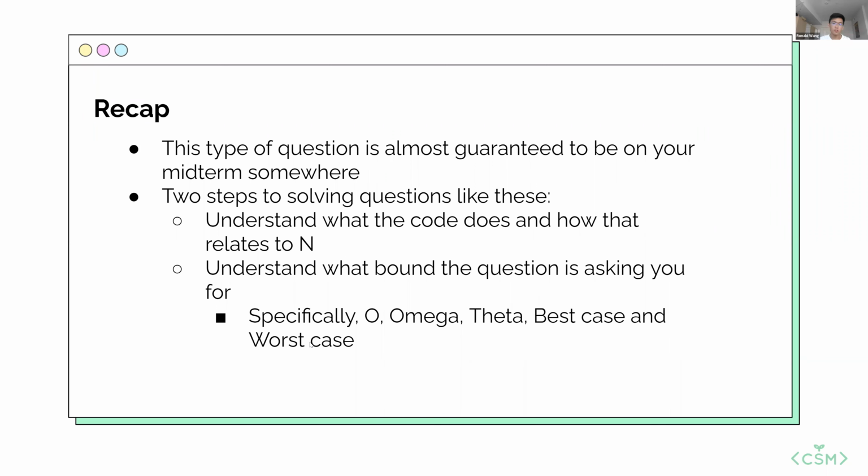When we deal with questions like these, there are basically 2 steps we want to do. The first important step is to understand how our code works and how that runtime is related to n, whatever n in that context may be. Scarlet Koi is a really straightforward example of this kind of question because it doesn't play tricks on you. You could probably solve it without drawing any diagrams.